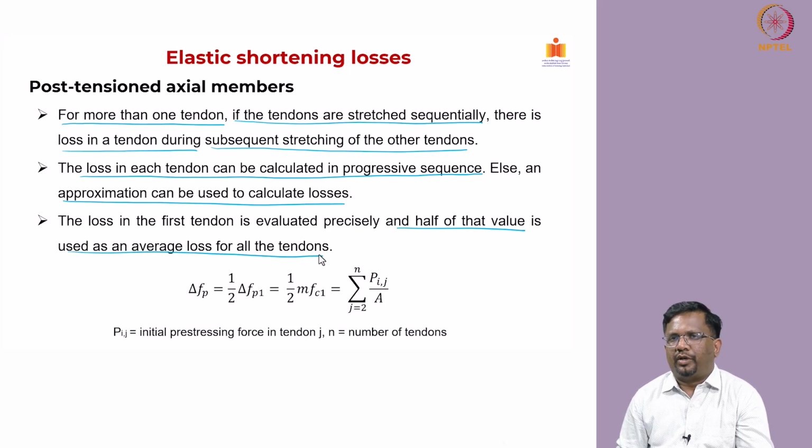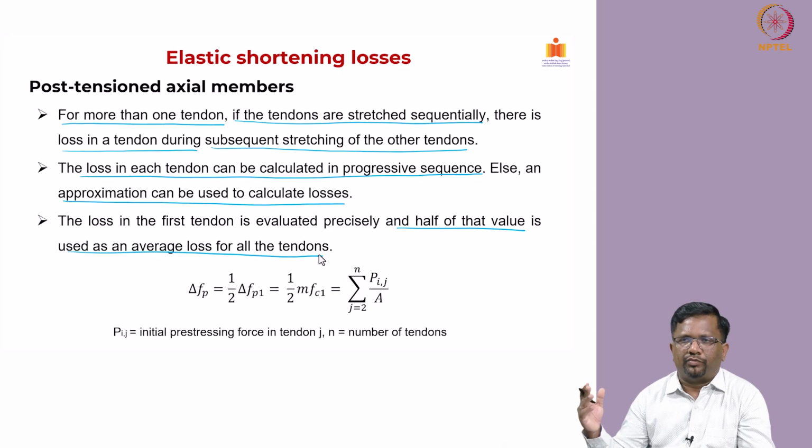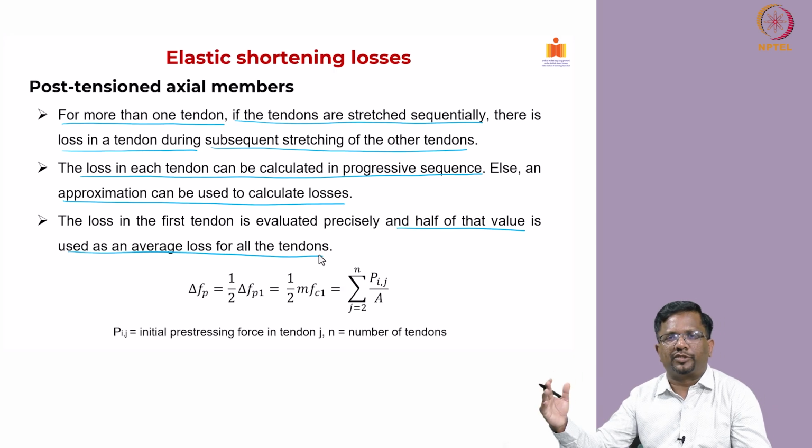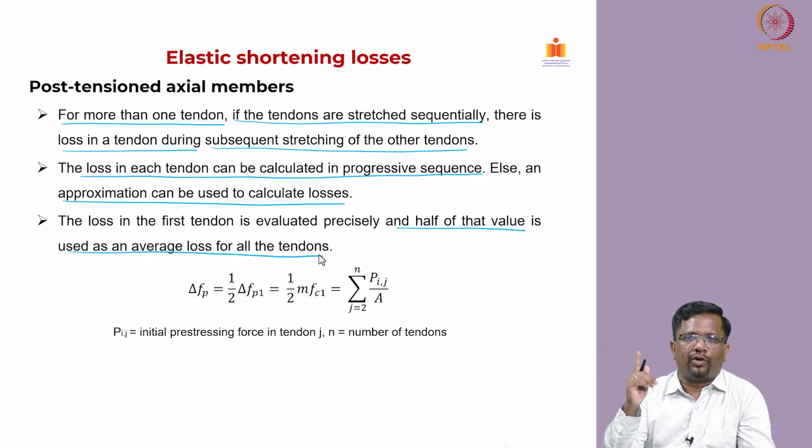So, let us say you have 5 tendons or 5 strands, because of the sequential stretching, you calculate for one tendon precisely, and then you take half of that value, then you add them up, and that becomes the total loss due to elastic shortening.